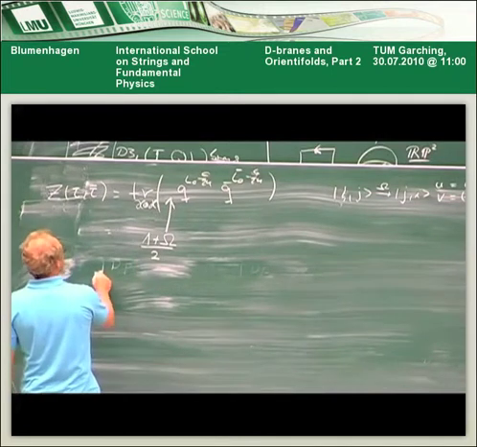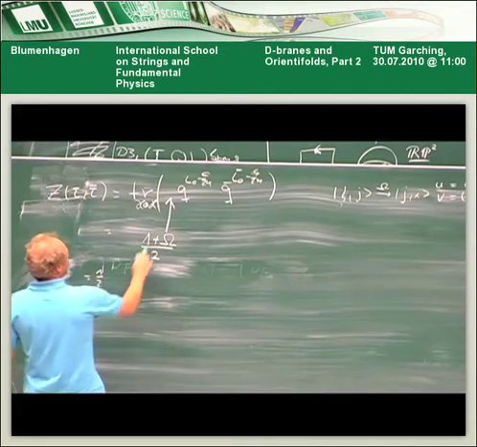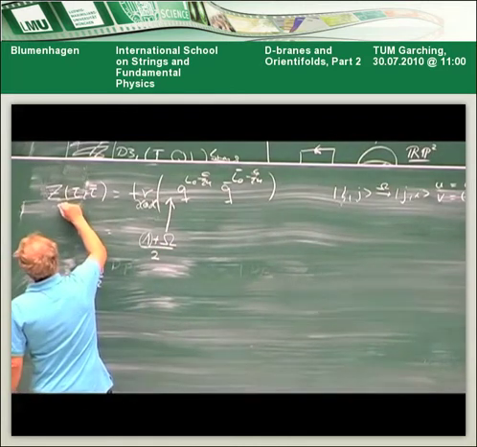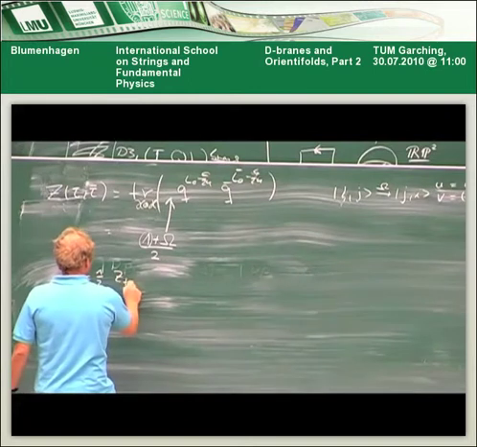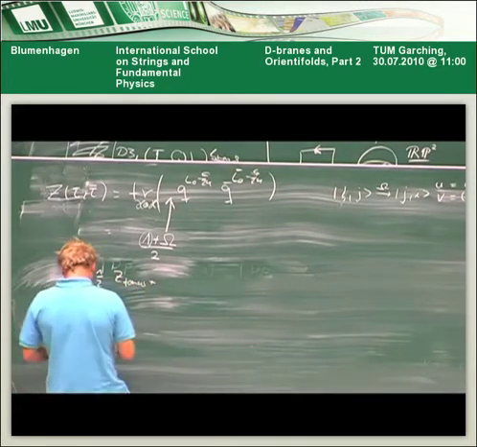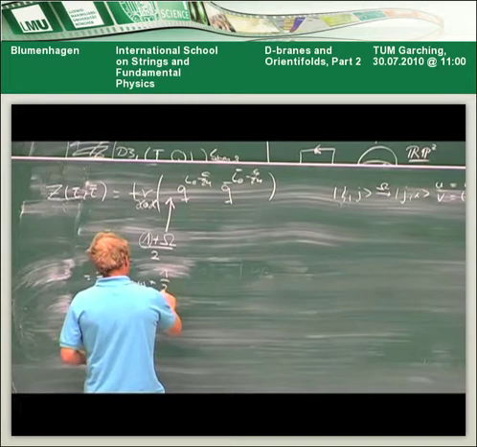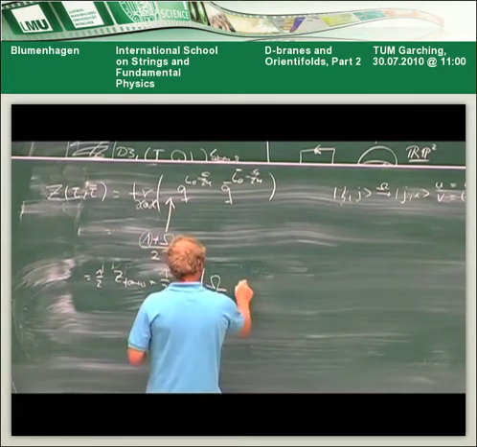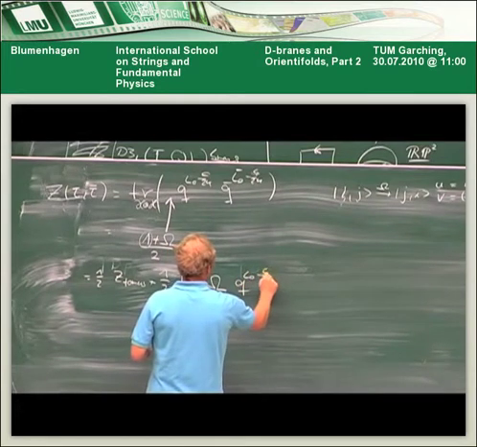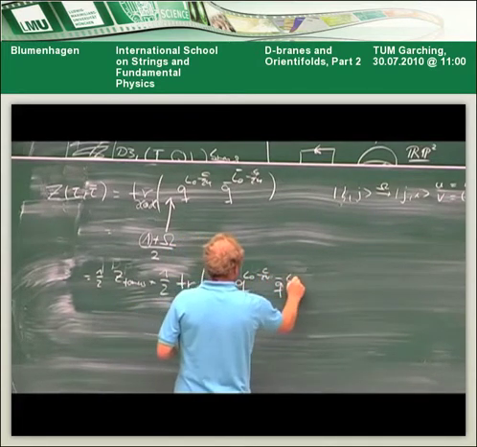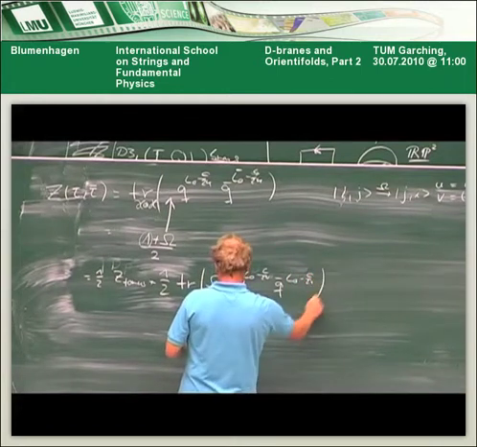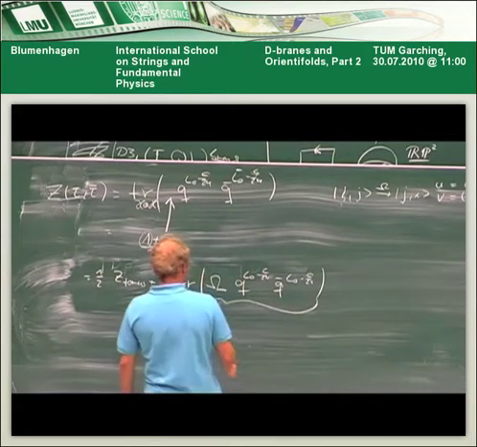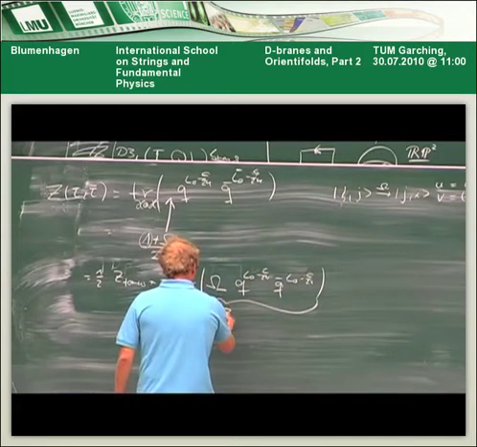Then you can write this as 1/2 of the former torus partition function, plus 1/2 of the trace of omega q^(L0 - c/24) q-bar^(L0bar - c/24). And this is what is called the Klein bottle.